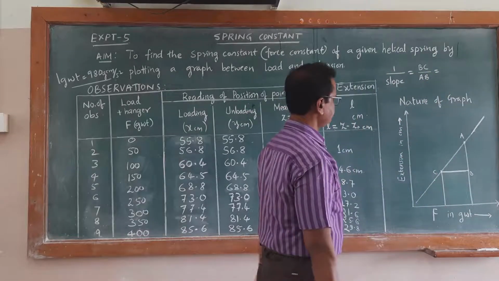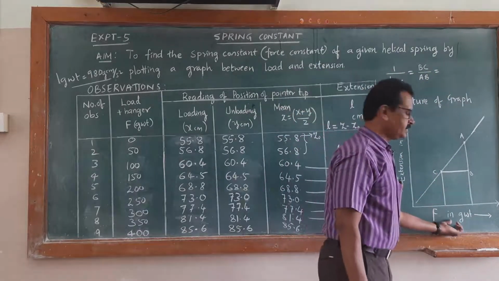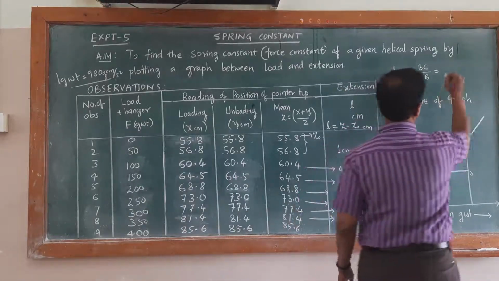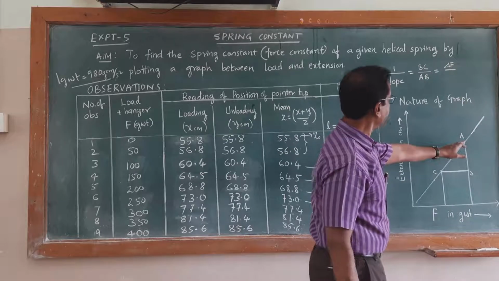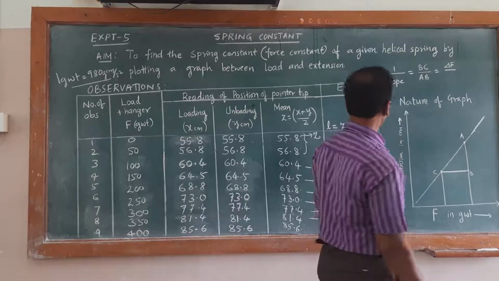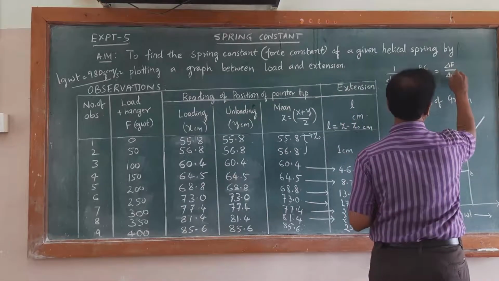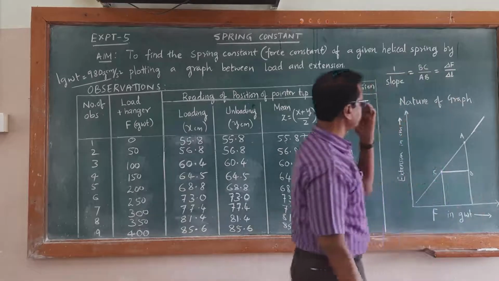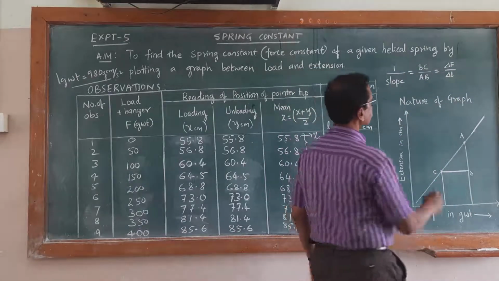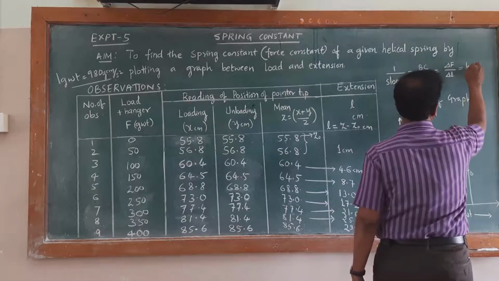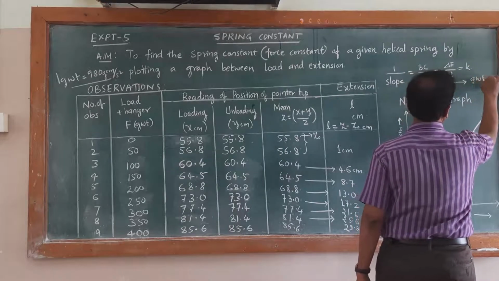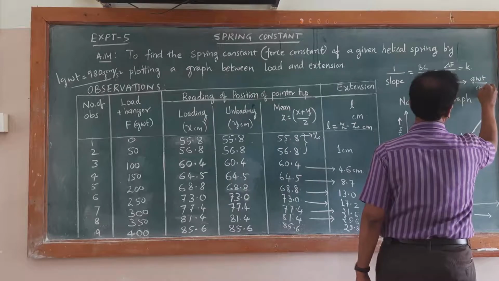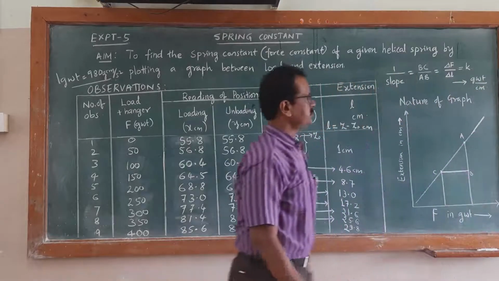BC is the change in load, delta F, and AB is the extension, delta L. So this ratio, delta F by delta L, comes out to be the spring constant, which is measured in gram weight per centimeter.